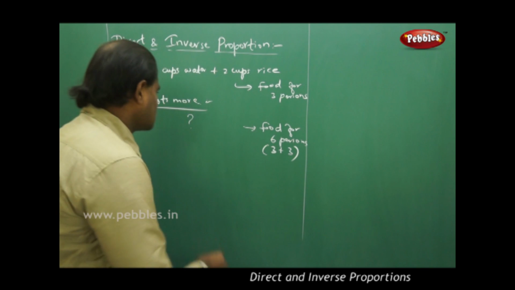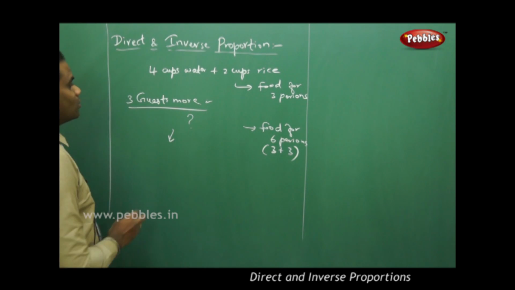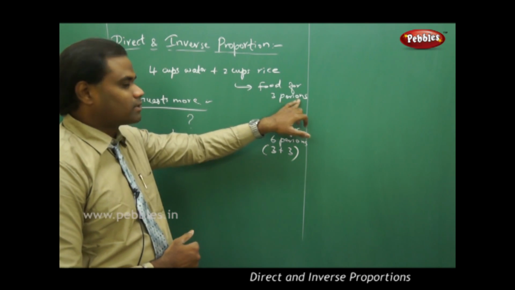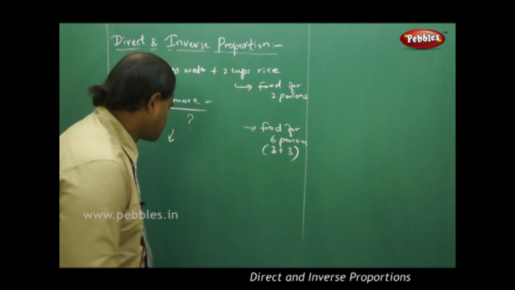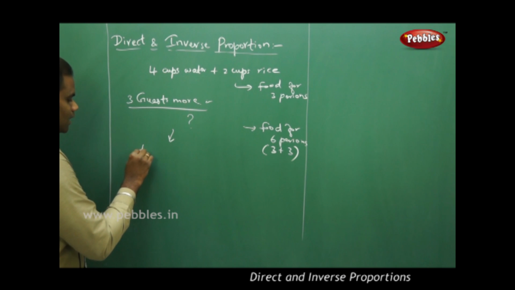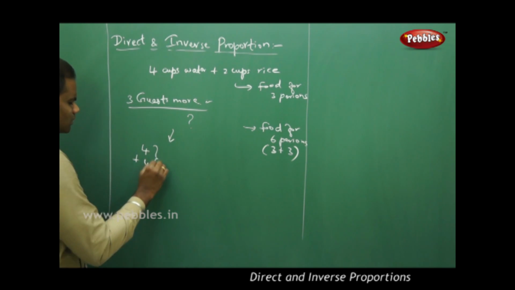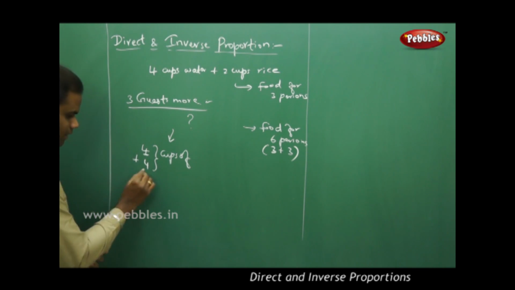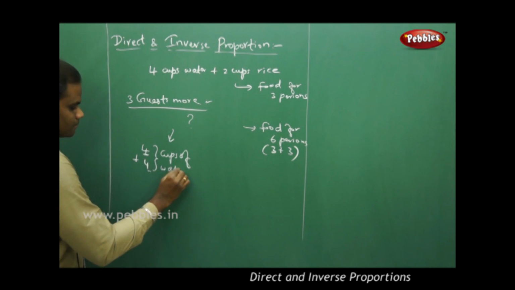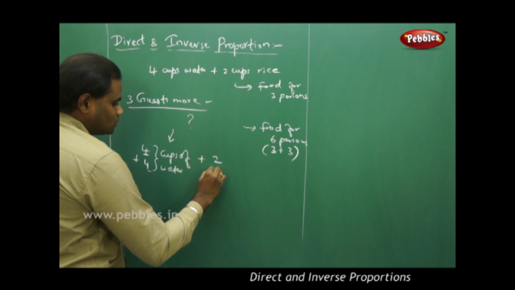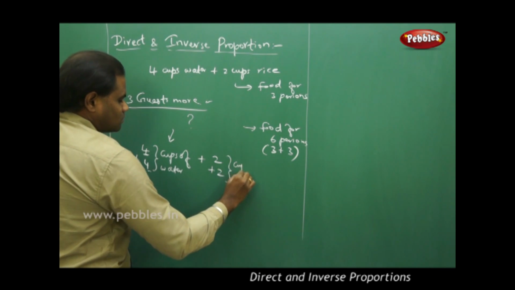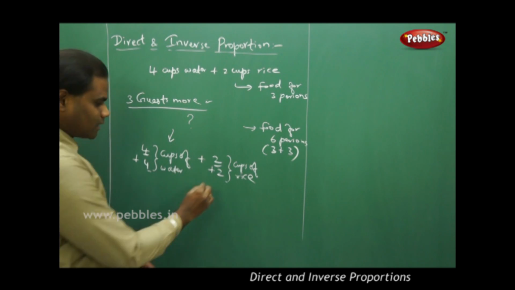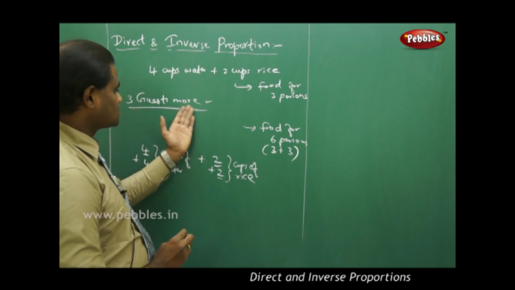For 3 persons, I use 4 cups of water plus 2 cups of rice to cook the food. Then with 3 more persons, I have 4 plus 4 cups of water and 2 plus 2 cups of rice, 3 for the family and 3 for the guests who have come.